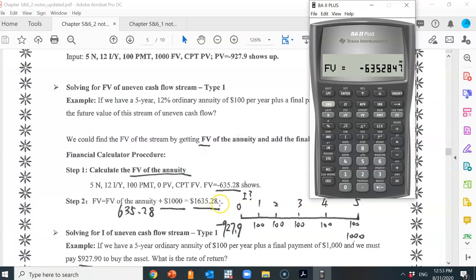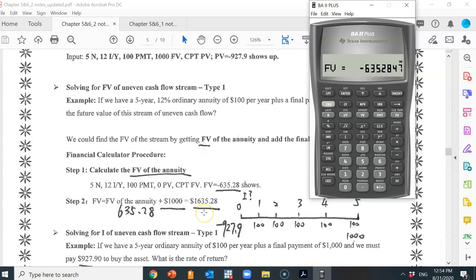Then we just use the amount 635.28, because we don't have a sign on the timeline, plus 1,000. So we know the future value of the annuity and the lump sum is 1,635.28 in total. So that's the future value of this type 1 uneven cash flow.